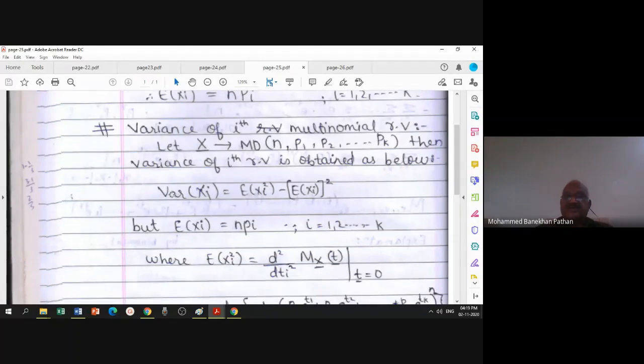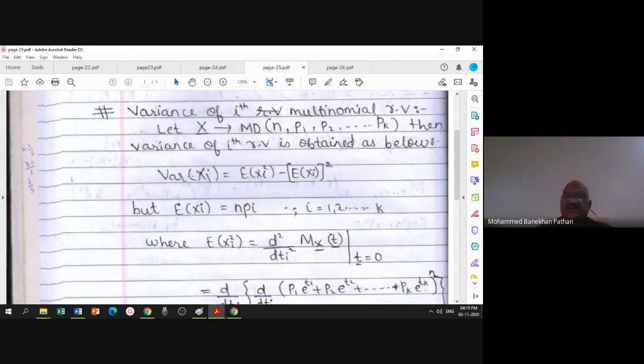This is the definition of variance of any random variable X, in simplified form: expected value of X square minus square of expectation. So I replace X with Xi for the ith variable under multinomial.